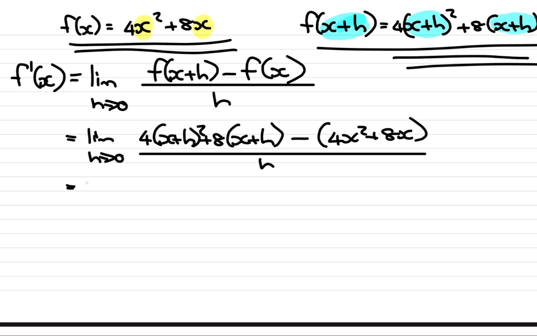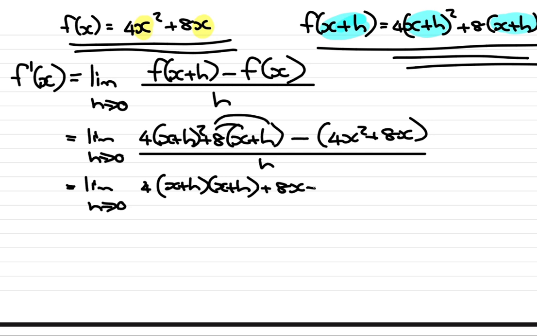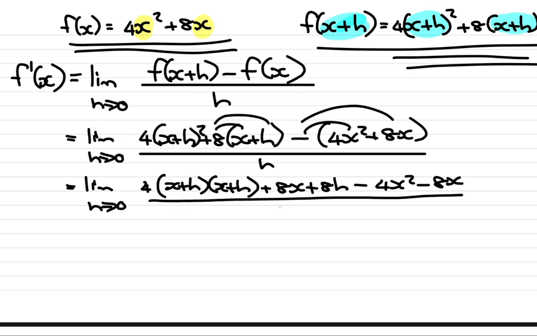And then we're just going to simplify. I'm going to keep my 4 on the outside as long as possible. Let me just rewrite this bracket twice. And we're just going to distribute the 8 into the bracket, plus 8h, minus, let's distribute it in, 4x squared minus 8x, and this is all over h.